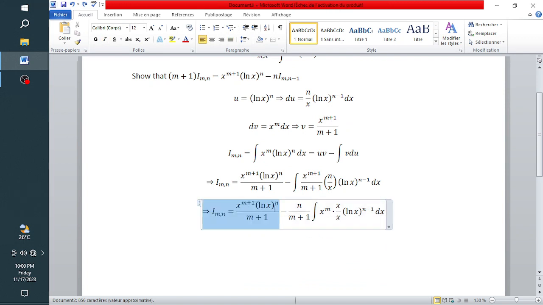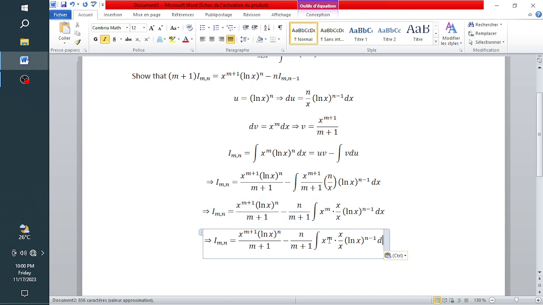If we want to simplify, you realize that this quantity cancels, and then we just have this. Now you realize that this integral here is simply I of m comma n minus 1.